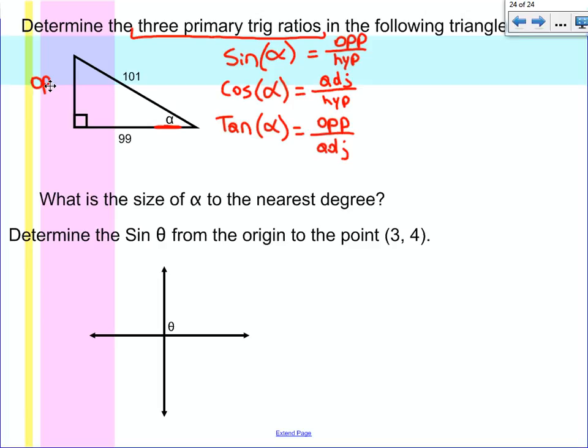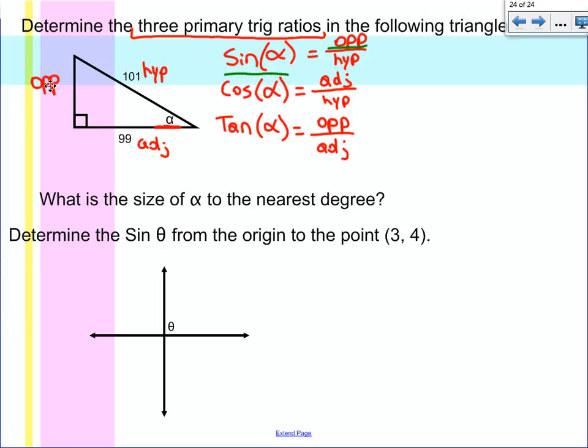At this point, we can't figure out what the sine is because we don't know what our opposite is. So we have to solve for the opposite side before we can even write out the trigonometric ratio for sine. To figure that out, we need to use Pythagorean Theorem. Pythagorean Theorem tells us c squared, which is that, minus a squared, which is 99, equals b squared, which is our opposite.